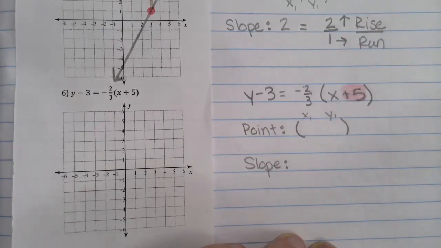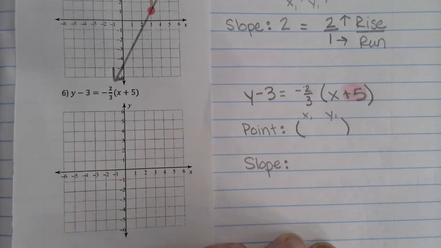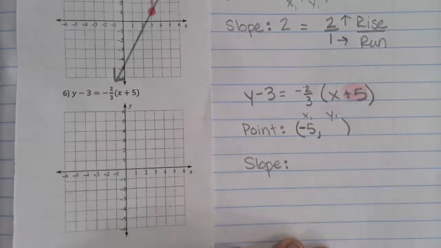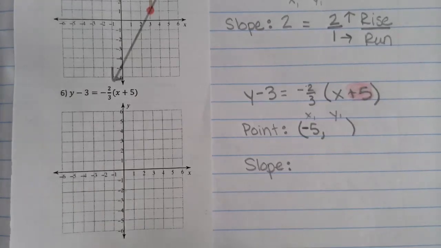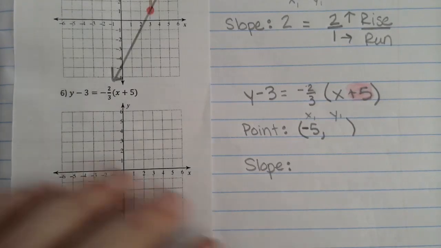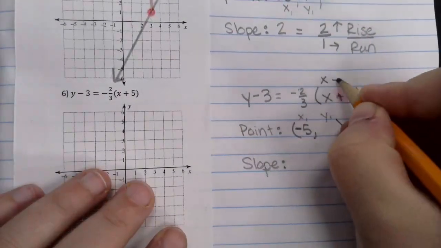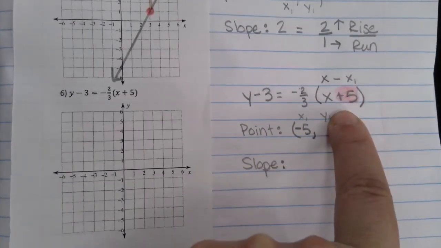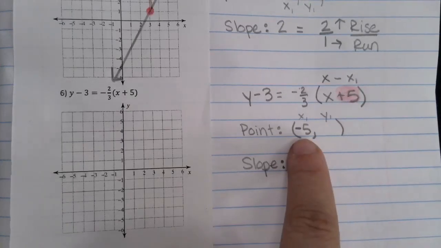Normally when we see plus 5, we think positive 5. But today when we see a plus 5, it's a negative 5. Because originally it was supposed to be a minus, x minus x1, and since they switched it from a minus to a plus, it means it's switching from a positive to a negative.